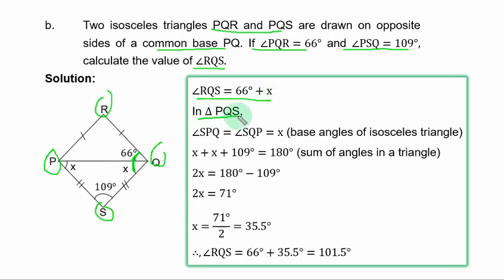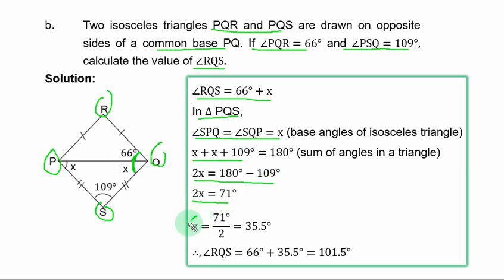In triangle PQS, angle SPQ is equal to angle SQP, and the value is s. Base angles of isosceles triangle, so you have it in this form. If you add the three angles in that triangle, the sum is 180 degrees. So you have 2s equal to 180 degrees minus 109 degrees. 2s equal to 71 degrees.